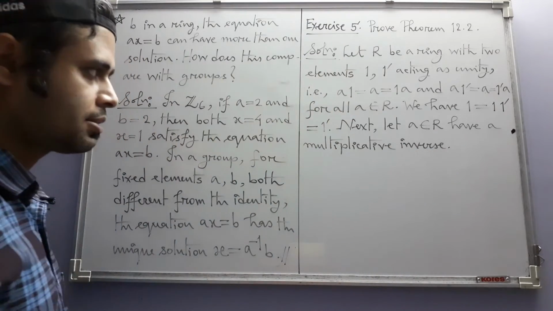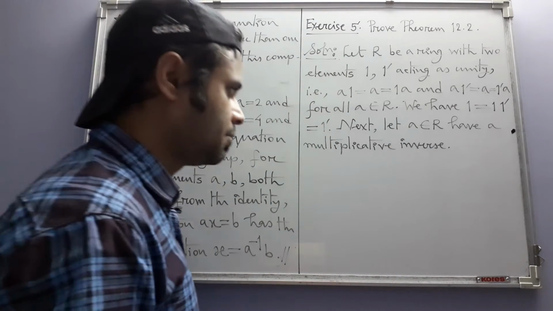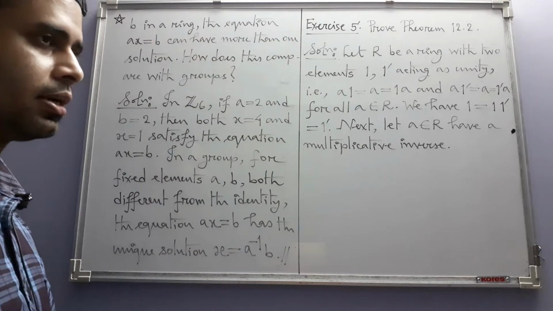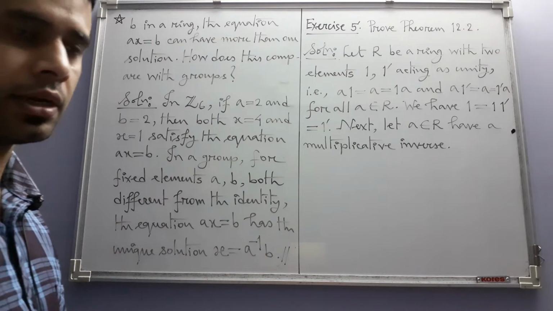That is, A has some inverse. Now we will assume that there are two inverses and prove that they are equal.